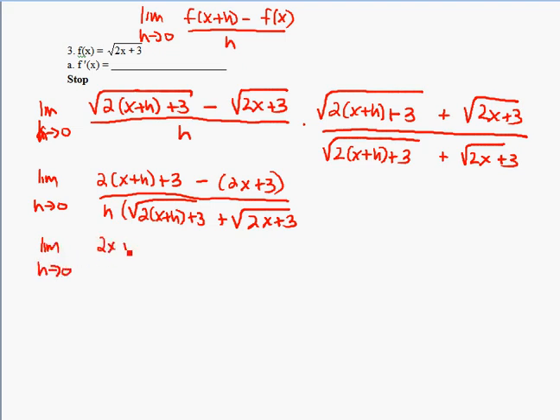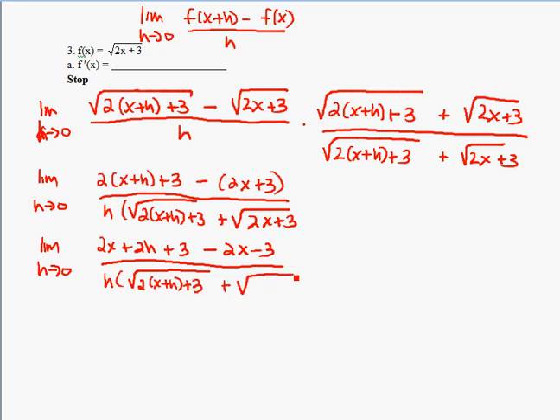I get 2x plus 2h plus 3 minus 2x minus 3 all over that big ugly denominator again. These 2x's cancel, the 3's cancel. I'm just left with 2h.